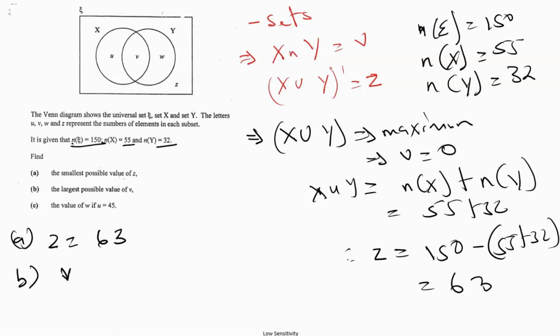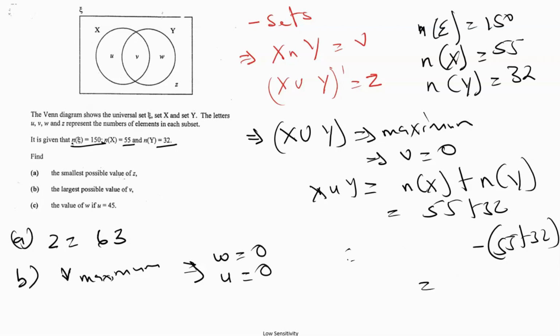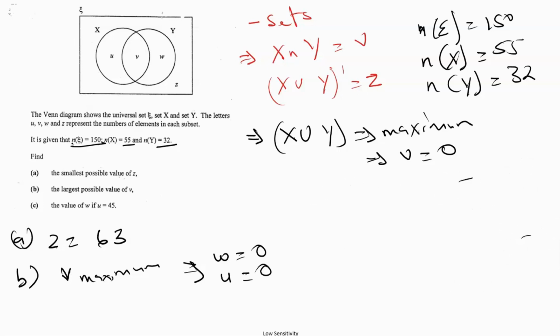For V to be maximum, we need W to be 0 or U to be equal to 0, right? So how do we get that? So let's get rid of some of this information so that we can dive deep into this one.